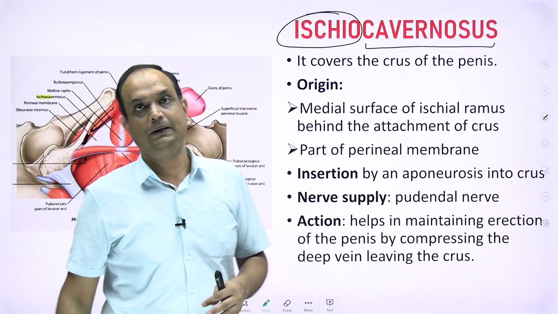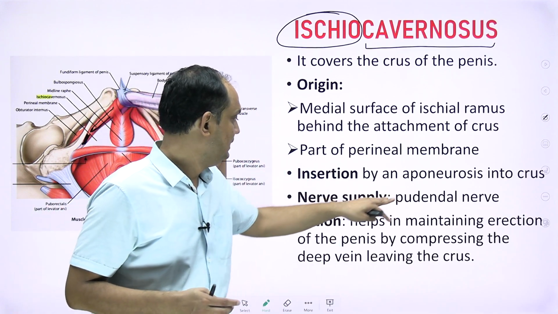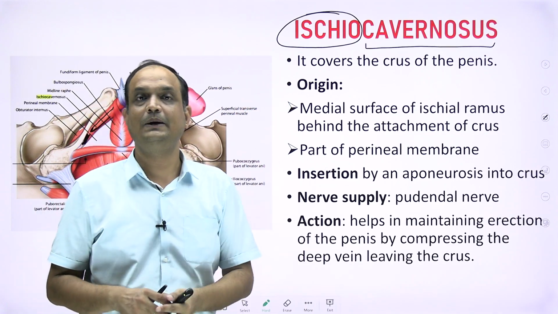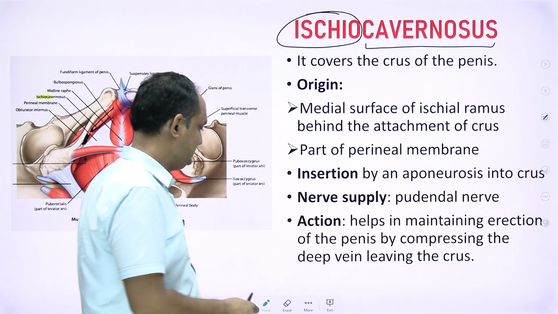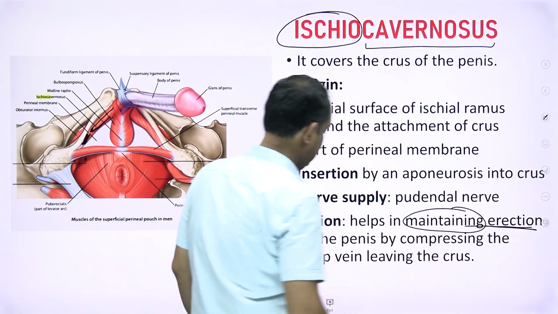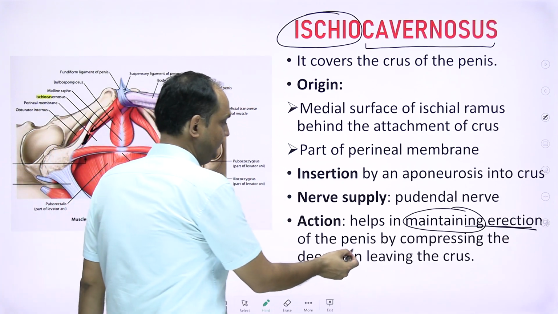Now, what is the nerve supply? The muscles of the superficial pouch are supplied by the pudendal nerve. And what is the action of this ischiocavernosus? My dear friends, you have to understand that this is maintaining the erection of the penis. How does it maintain the erection? By compressing the deep vein.